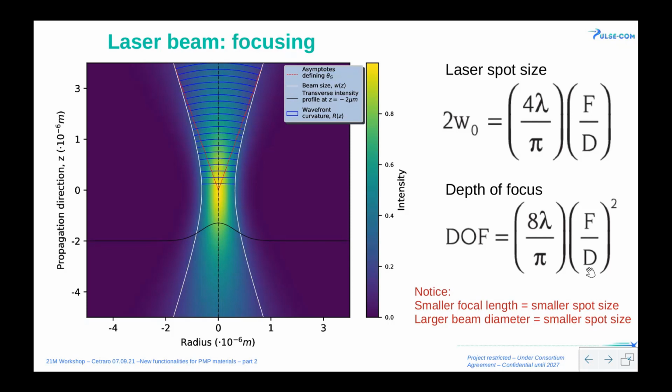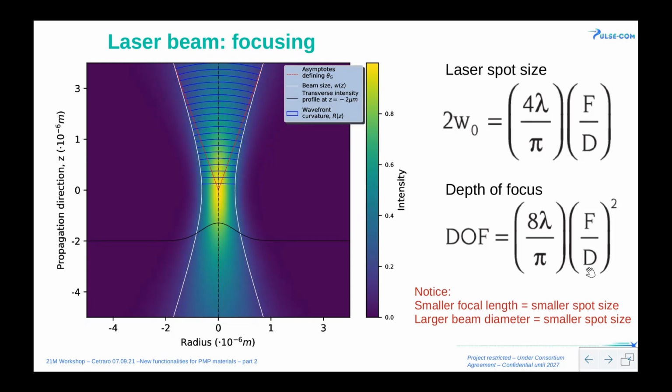I put these formulas here because I want to show one important characteristic. It's pretty intuitive that the first formula represents the size of the laser spot. Whenever we want to work with a laser, we have to focus it, and it's going to depend on the incident wavelength.